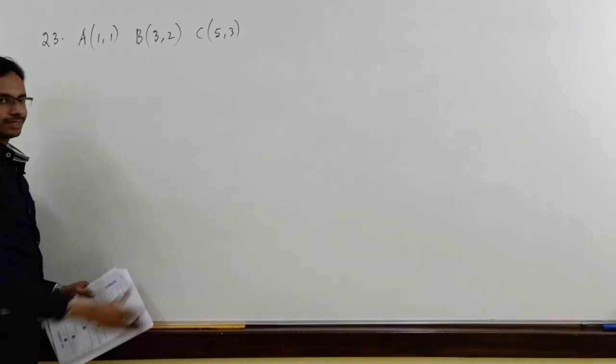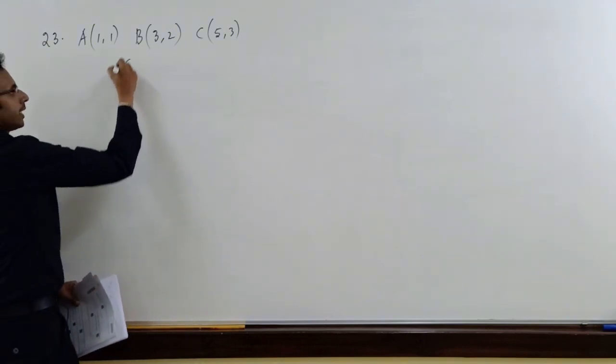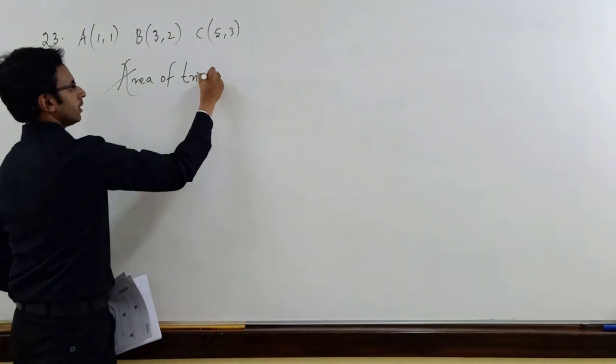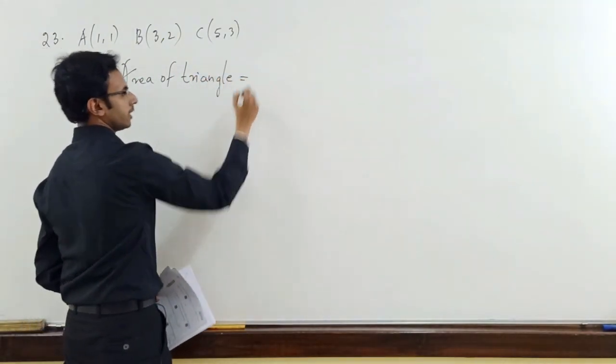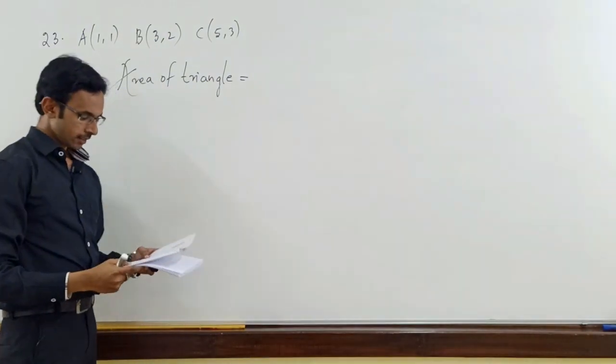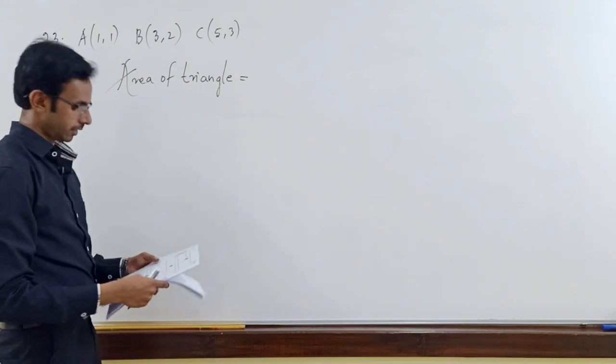If I want to say that these 3 are the vertices of a triangle, we know that we have to show that the area of the triangle is not 0. If we show the area of the triangle is equal to 0, then we say that these 3 points do not form a triangle ABC. If it is not 0, then it will have some area.